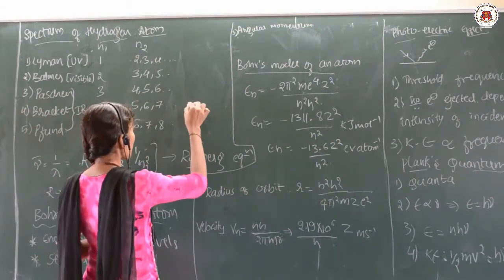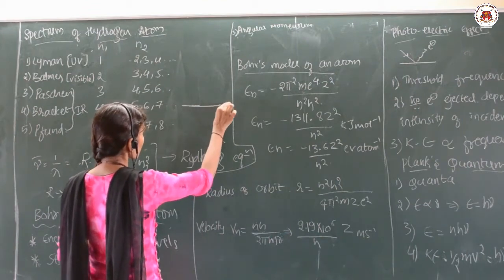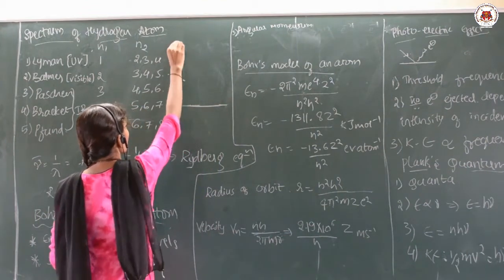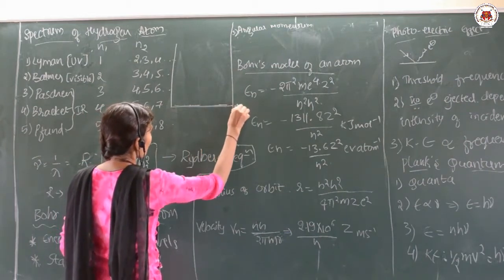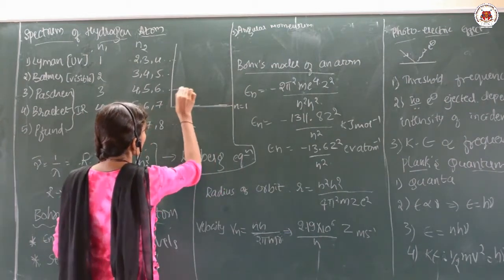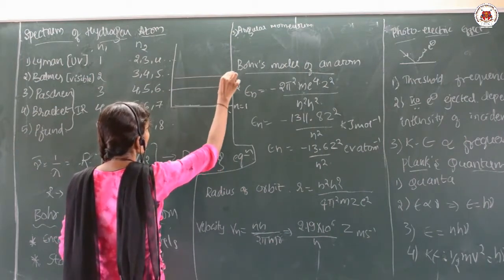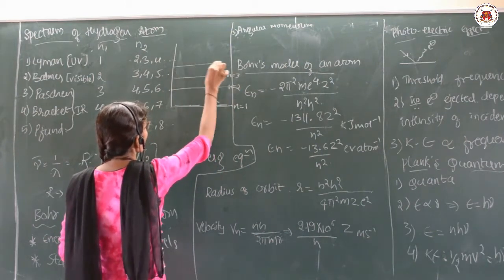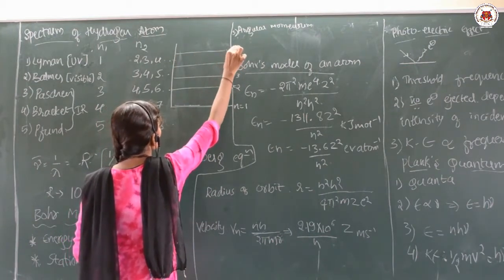How are these lines obtained? See here, suppose this is the first energy level, let me draw a diagram. This is n equals 1, this is n equals 2, n equals 3, n equals 4 and 5, and so on.